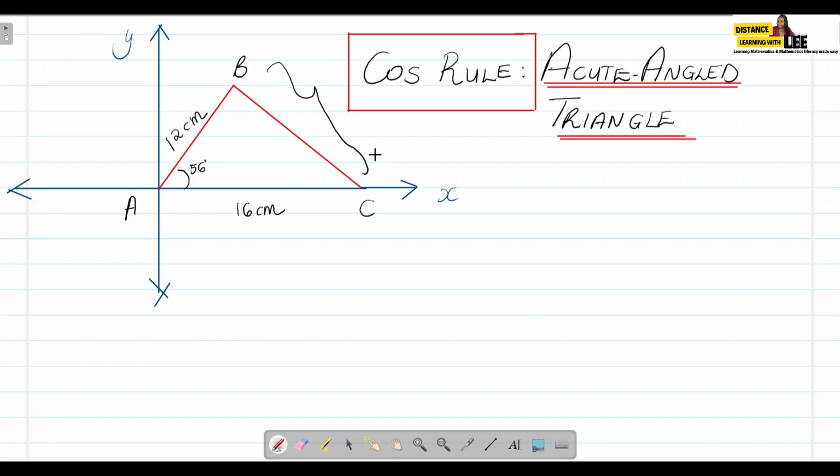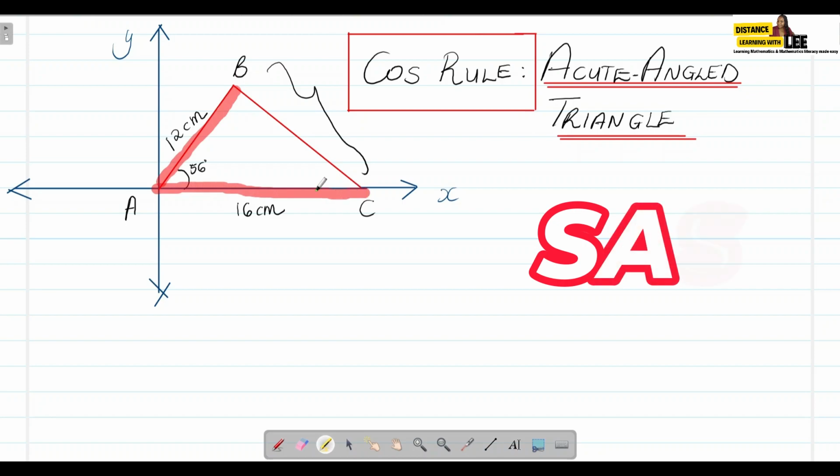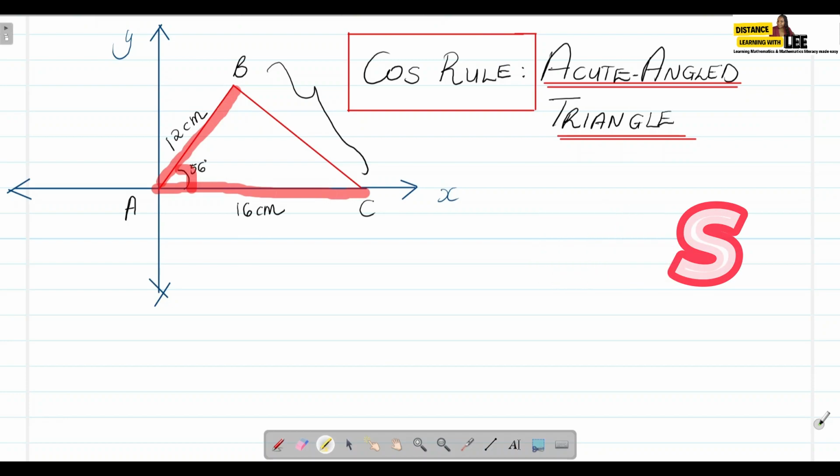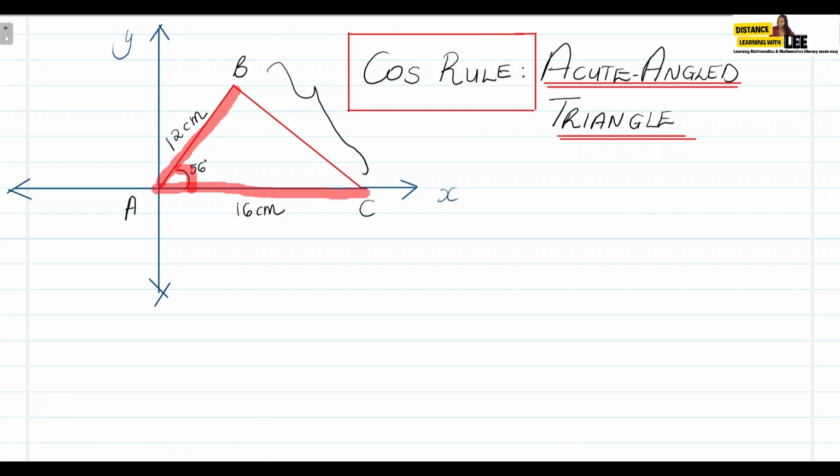In this case, we would be able to use the cos rule, because we would have been given two sides, side AB and side AC, and an included angle. So you've got side, angle, and side. We can use the cos rule to find the length of BC. And how would we apply the cos rule in a scenario like this?